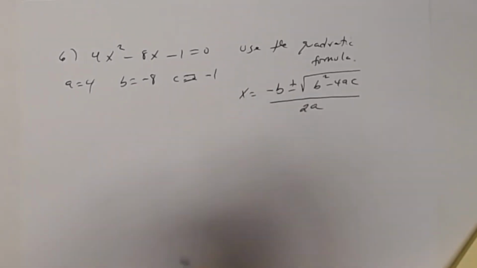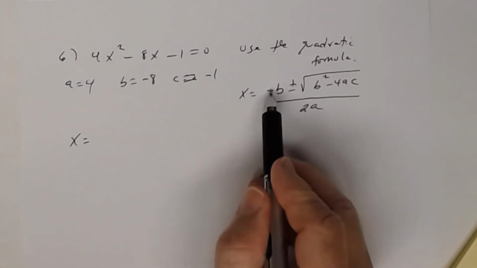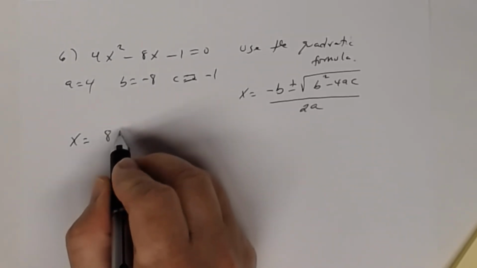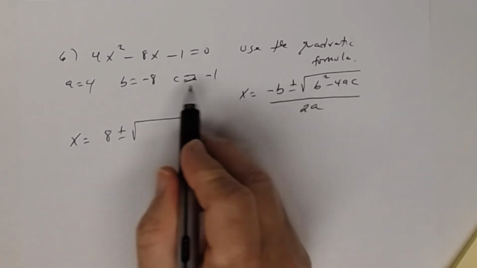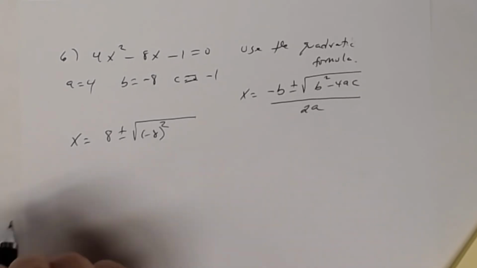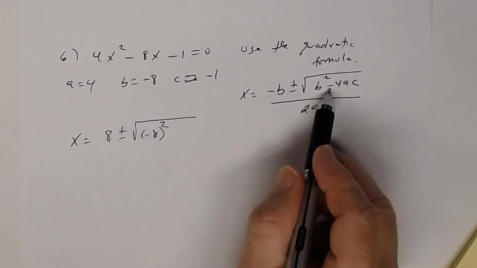All right, so I'm going to take those numbers and substitute into the formula. So I get x equals, this says I take the opposite of b. Well, b is a negative 8. The opposite of a negative 8 is a positive 8. Plus or minus the square root of b, which is a negative 8. Put that in parentheses. And then you're squaring that. So remember, b squared is never going to be negative. So be careful.